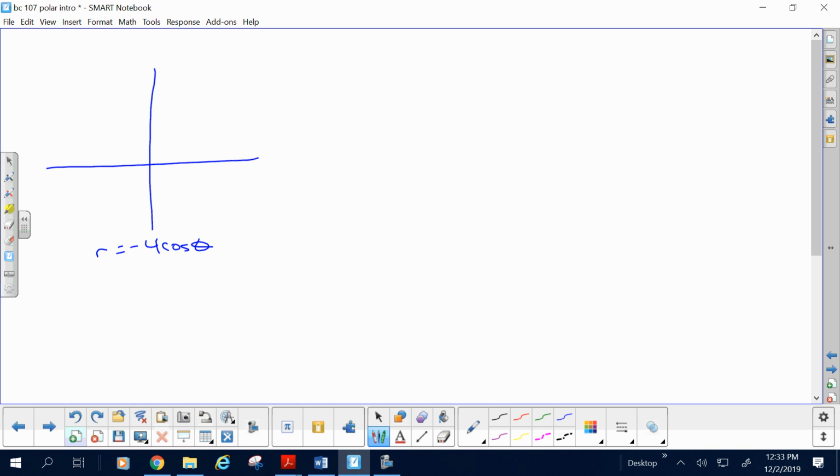You should be able to do that in 3 seconds. Cosine is symmetric at the x-axis, but if it's negative, it's symmetric at the negative x-axis. Then is it the diameter or the radius? It's the diameter. So you should have a circle that looks like that.